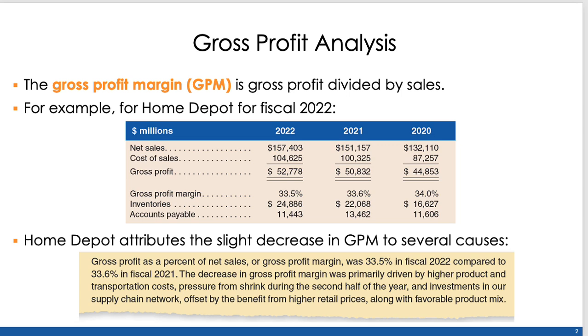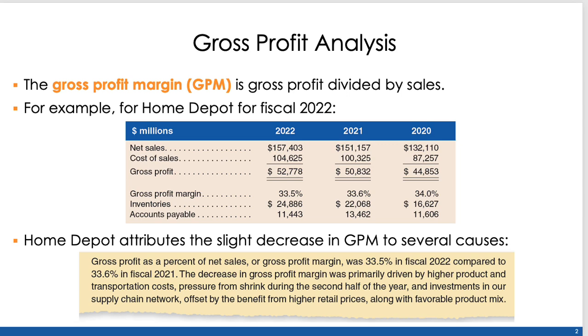From 2020 to 2022, you can see that on the somewhat favorable side, at least initially, it looks like the level of gross profit, which we define as simply net sales minus cost of goods sold, has increased every single year, right? You look at that first underscored subtotal from 44.8 to 50.8 to 52.778.